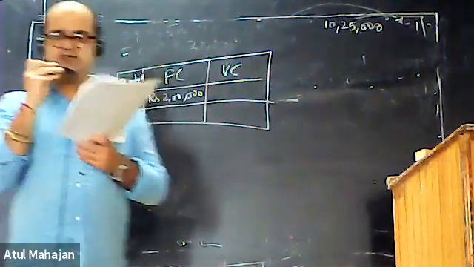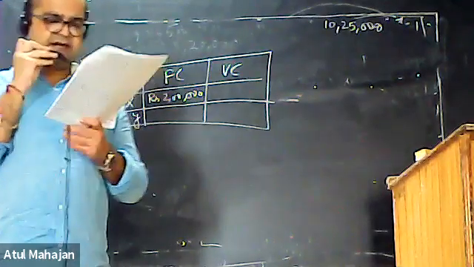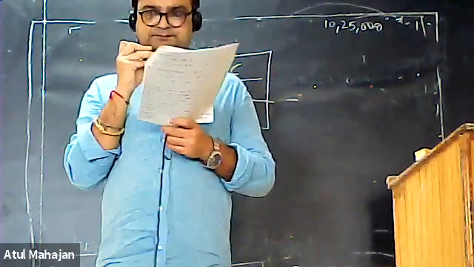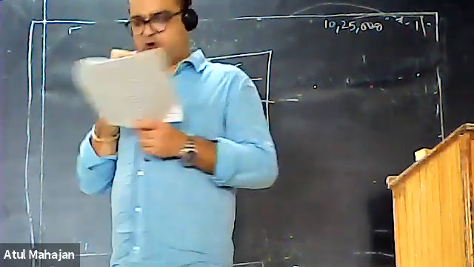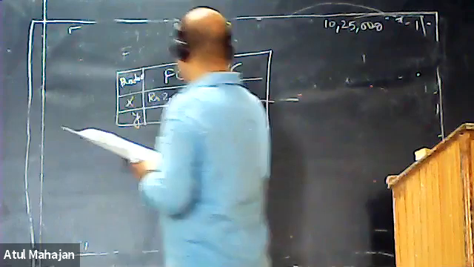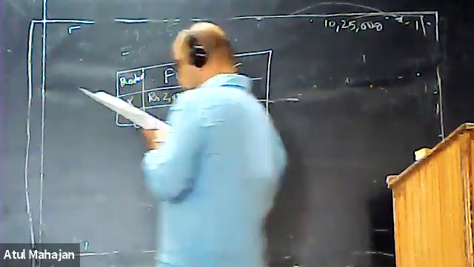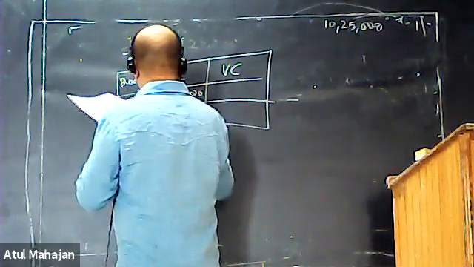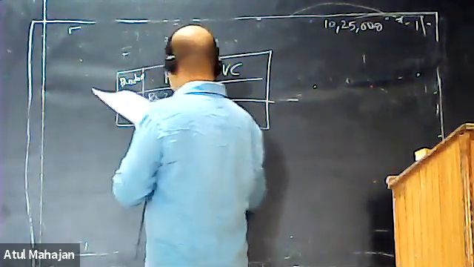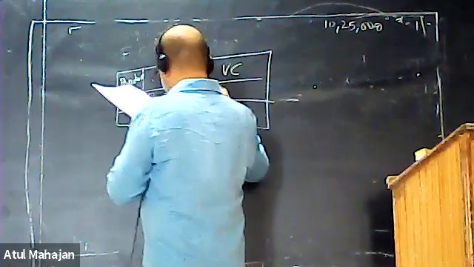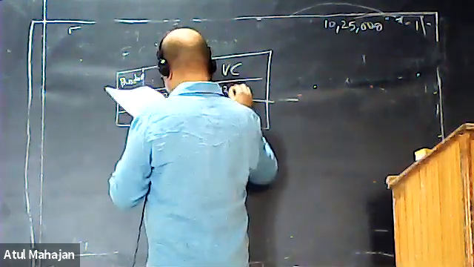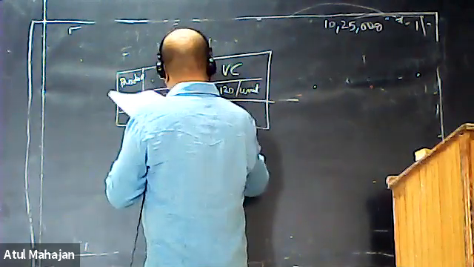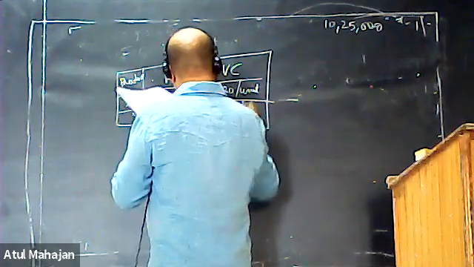A company launches two products X and Y with a fixed and variable cost. The product X has a fixed cost of 2 lakhs and product Y has a fixed cost of 1 lakh. Variable cost is rupees 120 per unit and rupees 220 per unit.